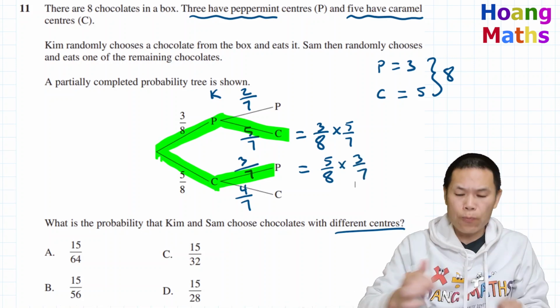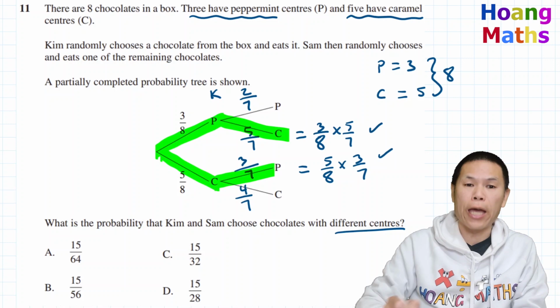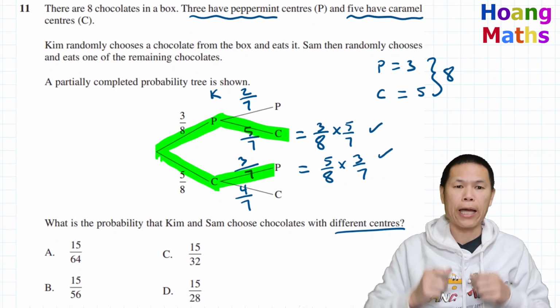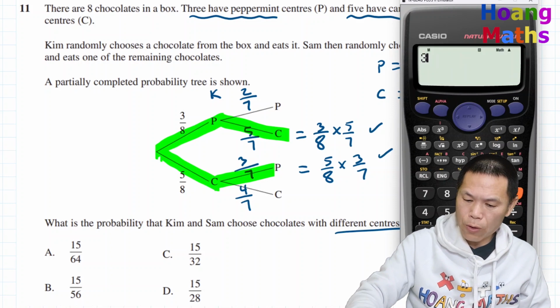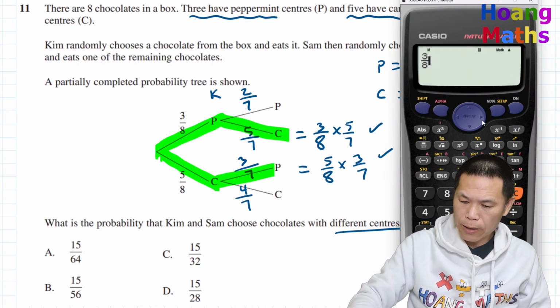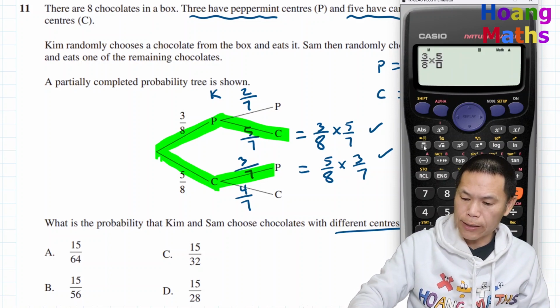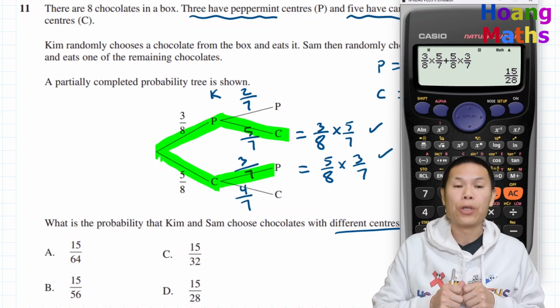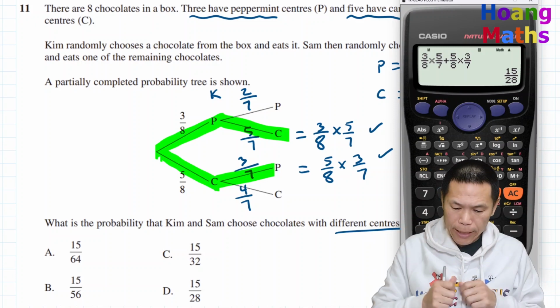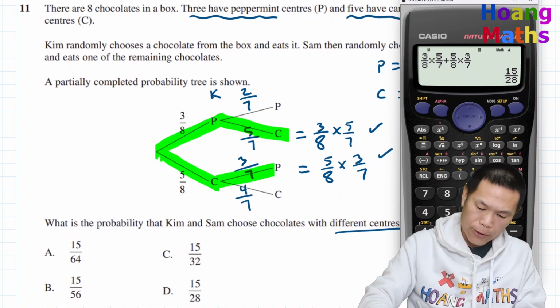Now I add these two together on the calculator: 3 over 8 times 5 over 7, plus 5 over 8 times 3 over 7. There you go, 15 over 28. So the answer is D.